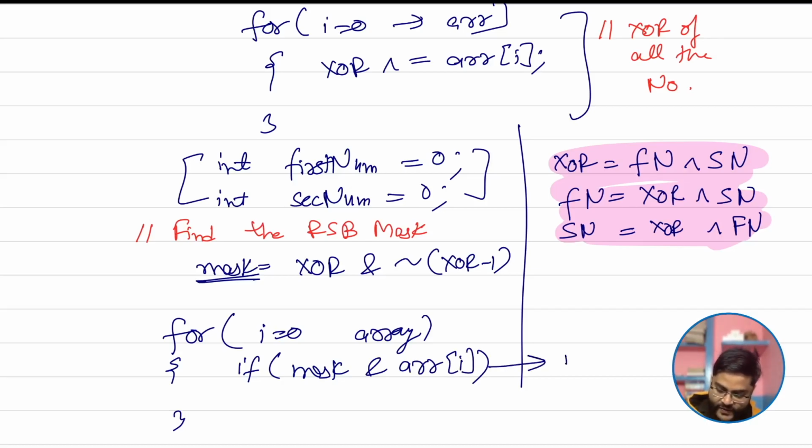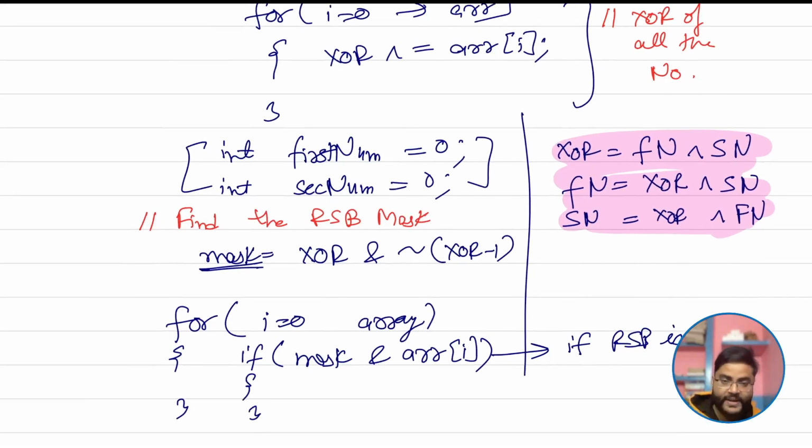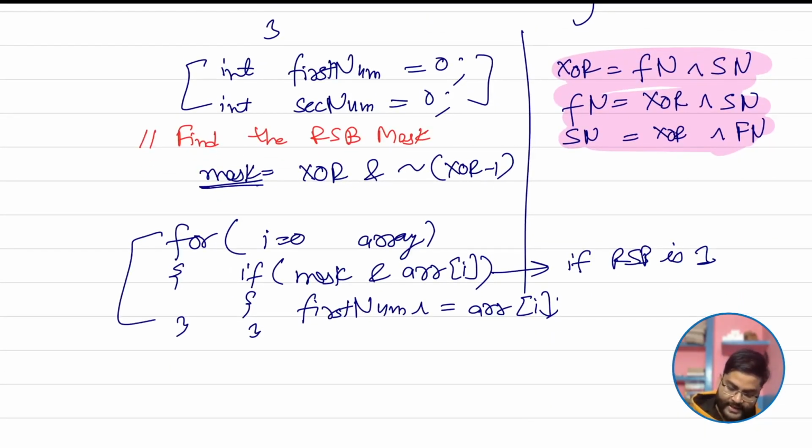I'm checking whether the rightmost set bit is 1 or not, in one bucket or one partition. If it is 1, I will do the XOR of my first number XOR equals array of i, and we keep on iterating this.